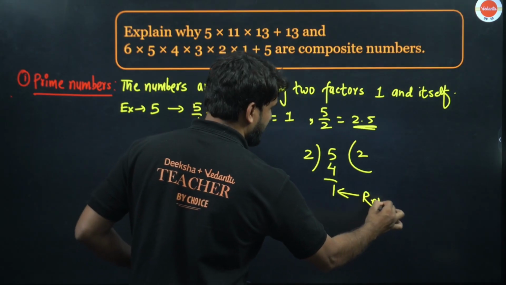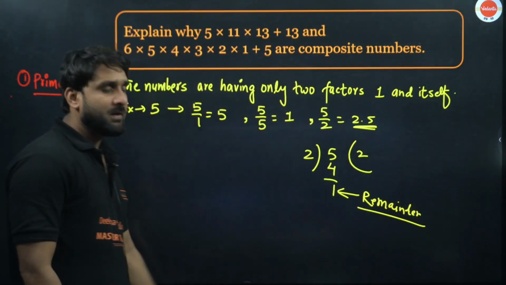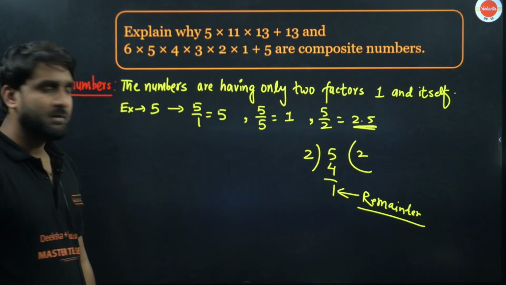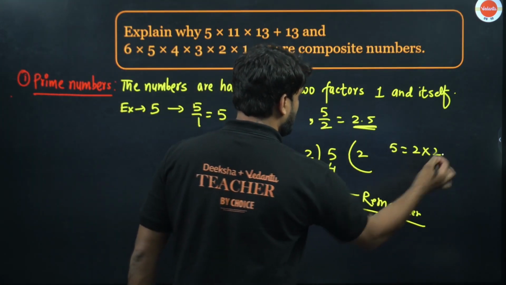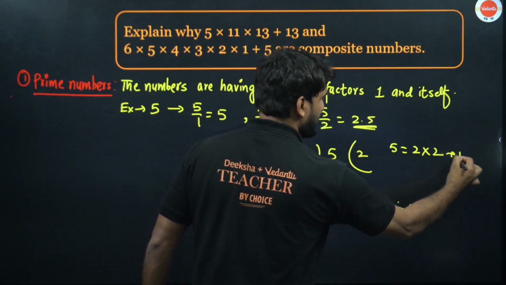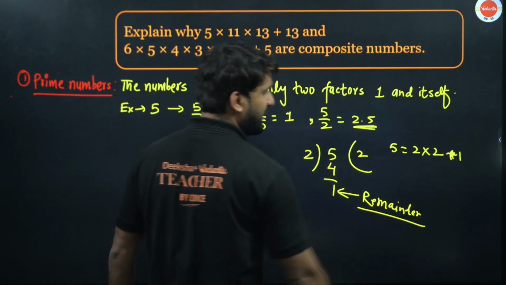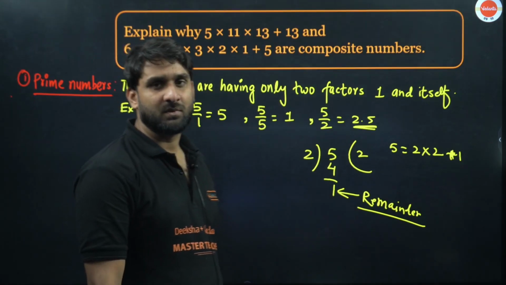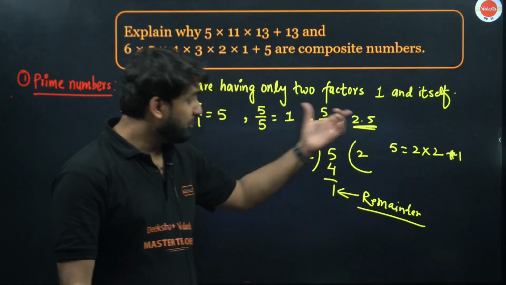The remainder we have is equal to 1. So 5 can be written as 2 into 2 plus 1. This is not 0, according to Euclid's lemma, a is equal to bq plus r. Remainder is not equal to 0. We are getting 2.5 decimal.